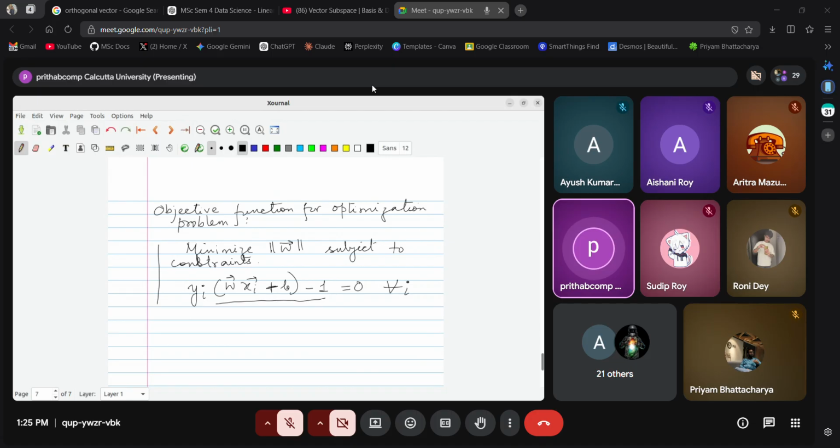So the objective function now becomes this: minimize the magnitude of the unit normal vector subject to the constraint that yi w xi plus b minus 1 equal to 0 for every I. So for every data point, you'll be having its corresponding equation like this, a set of equations. Okay.